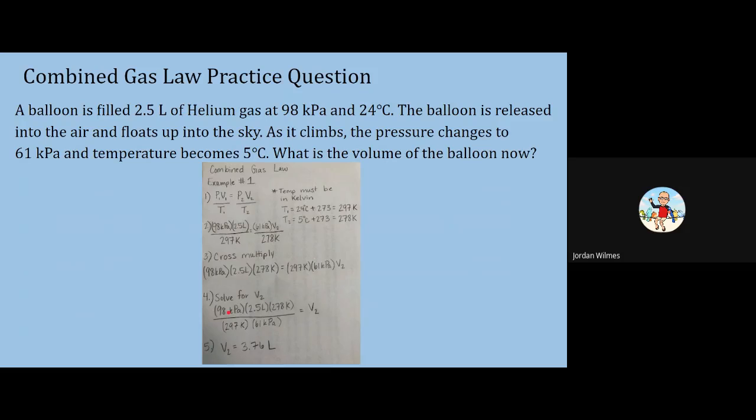I would do 98 times 2.5 times 278, hit enter, and either write down the number that goes on top, or keep that number in my calculator, hit divide, and then make sure I put the bottom in brackets. So I'd do bracket 297 times 61, close it off with another bracket, and then hit enter. This gave me an answer of 3.75 something something something, but I rounded it to 0.76.